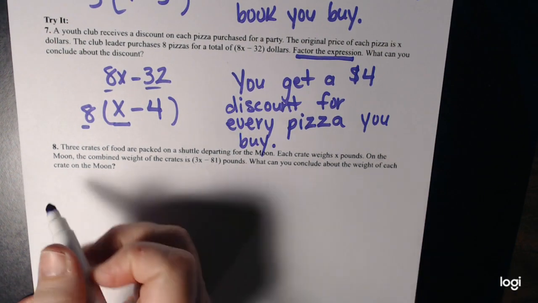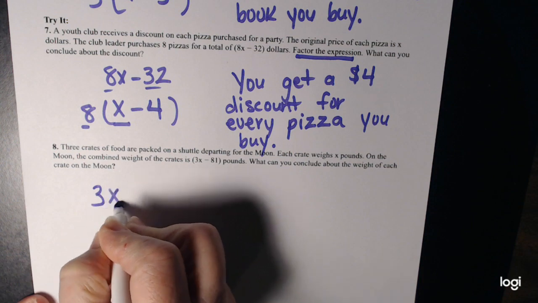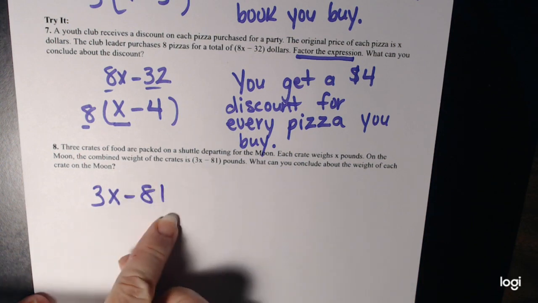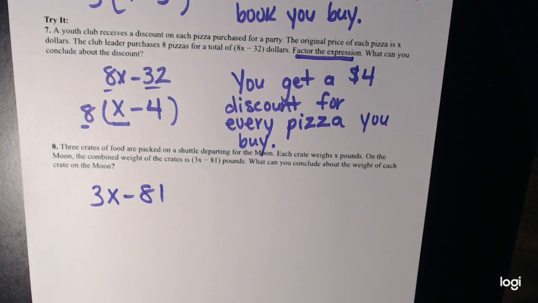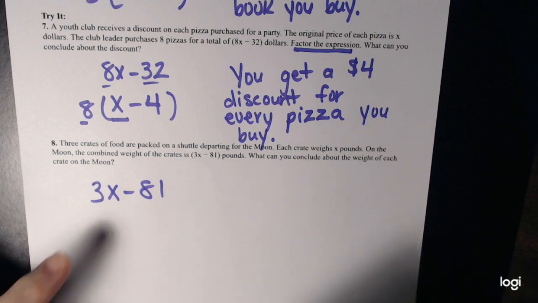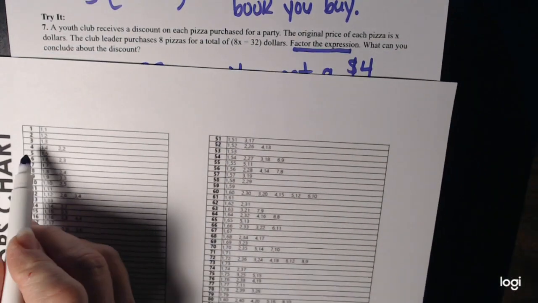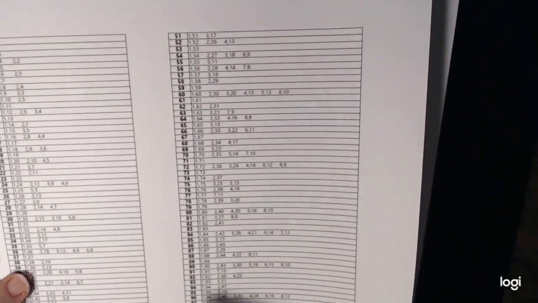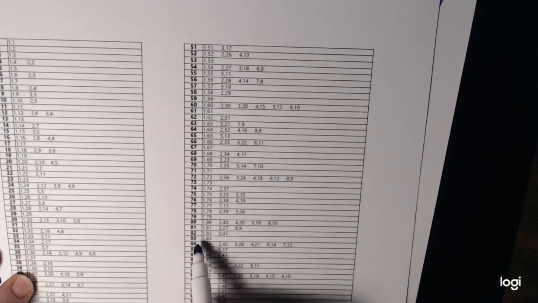All right, well, let's go ahead and write our expression and let's see if we can factor it. What do they have in common? Well, let me see. I'm going to pull out my factor sheet and look at 3 and 81. Well, I know 3 is prime, so the only thing that 3 has is 1 and 3. Let's look here at 81. 81 has 1, 81, 3, 27, 9, and 9.